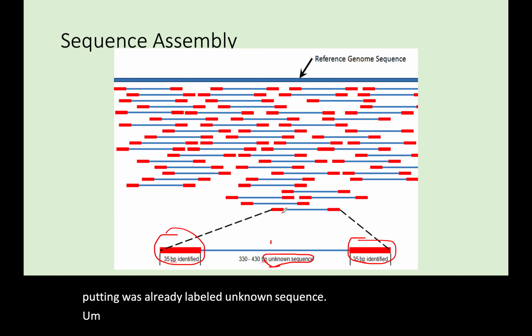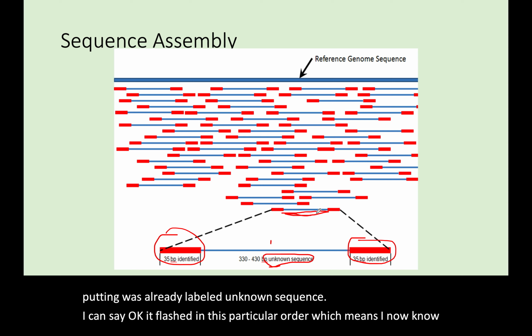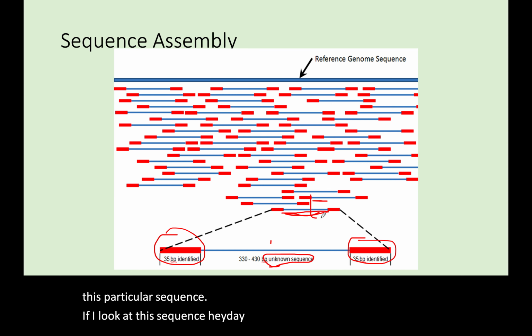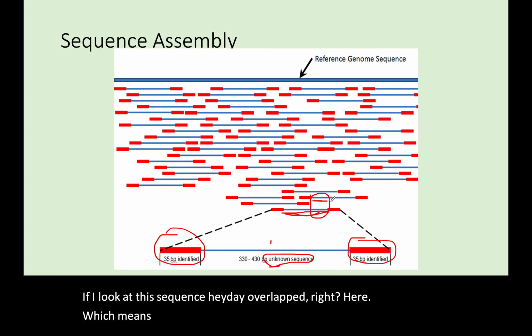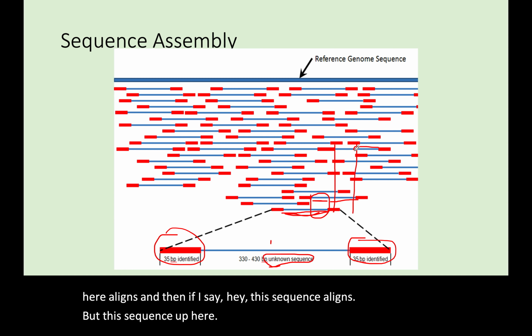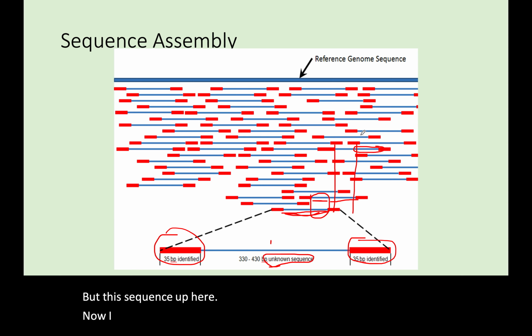I can say, okay, it flashed in this particular order, which means I now know this particular sequence. If I look at this sequence, hey, they overlapped right here, which means these probably align. And now I know this sequence right here aligns. And if I say, hey, this sequence aligns with this sequence up here, now I can say this is my unknown sequence, but it aligns with this sequence up here.